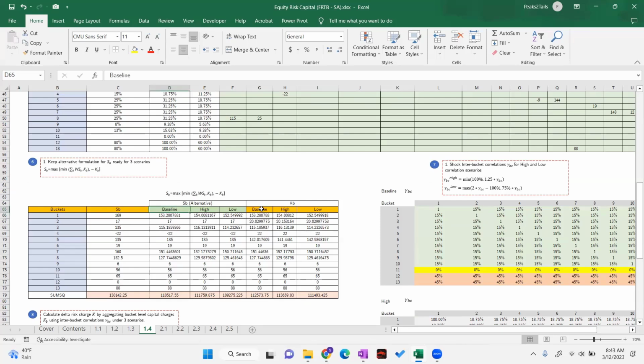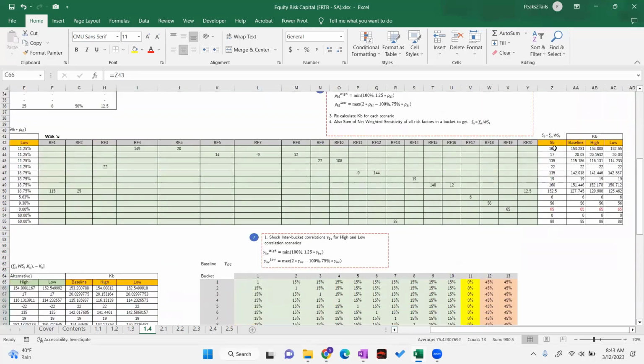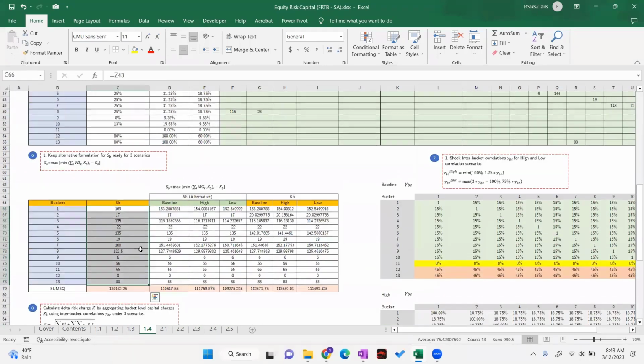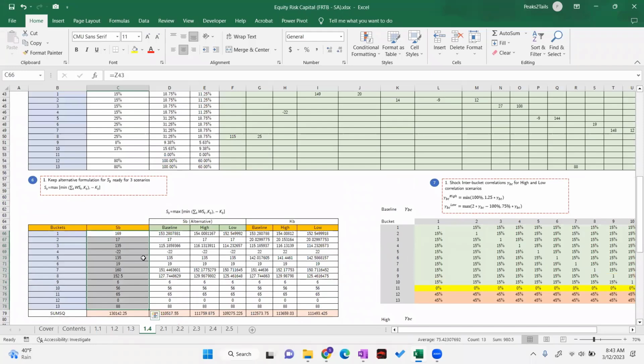So for the baseline scenario, if this is the KB, then you put it here. Sum of WSK is already what we have calculated. This is this column here, the pure sum. Most of the time, we will use these values of SB only, but there is a condition. I'll show you that.